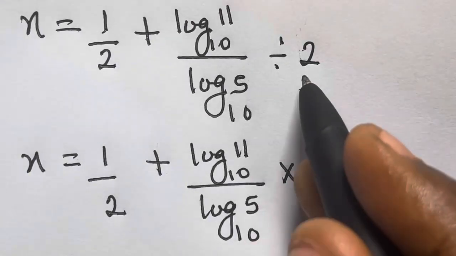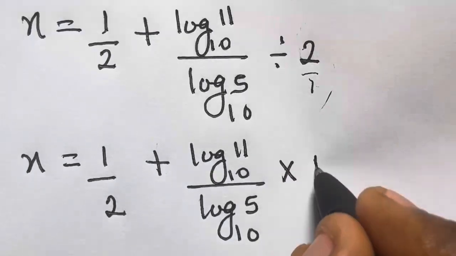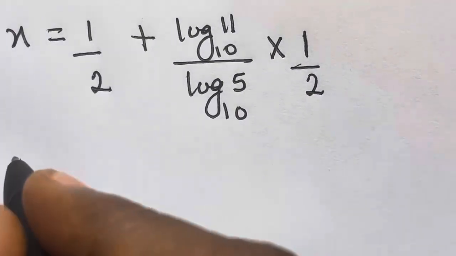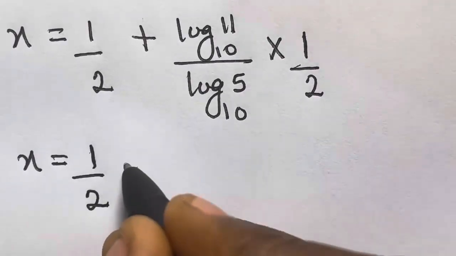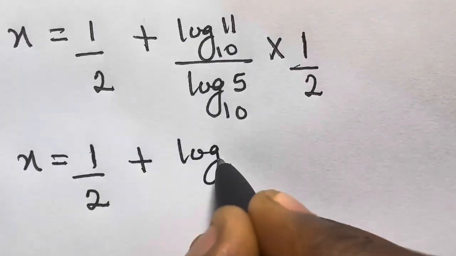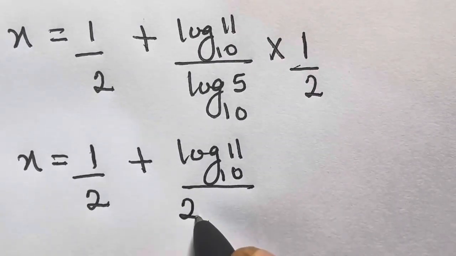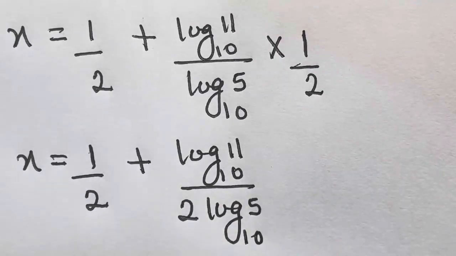If you change this to times, the one below will come up and the one up will come down. So we have 1 divided by 2, and x becomes 1 divided by 2 plus log 11 in base 10 divided by 2 log 5 in base 10.